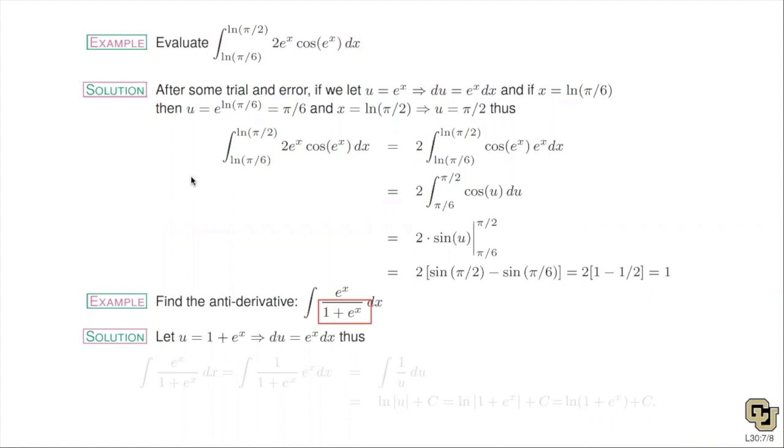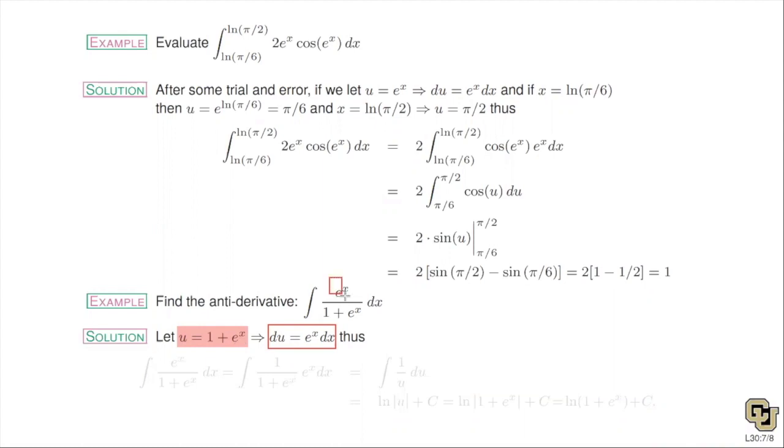And the reason it works is because of how the derivative turns out. So if u is equal to 1 plus e to the x, then du will be, the derivative of 1 is 0, the derivative of e to the x is e to the x, so du will be e to the x dx.